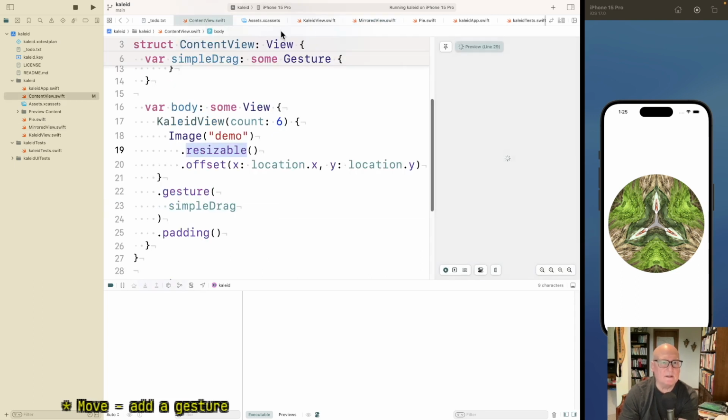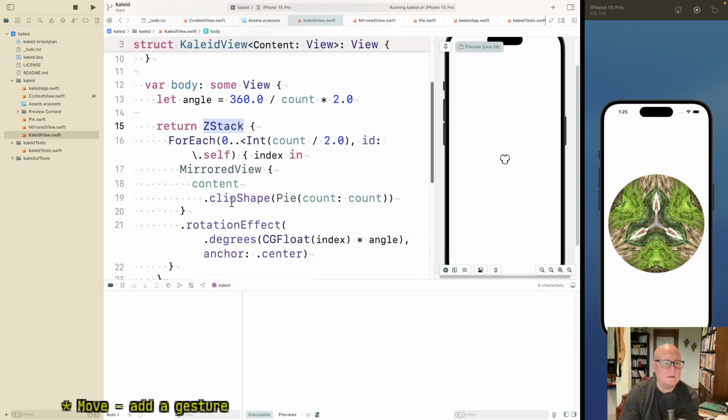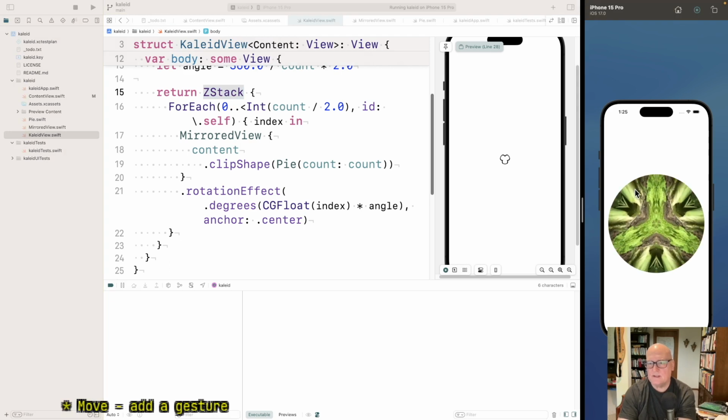Let's see. Okay, kaleidoscope view. That's fine there. Okay, so he's taking our content and clipping it. I guess that's what we see mirrored. So, I don't really care if you can move in the image. I want this though.